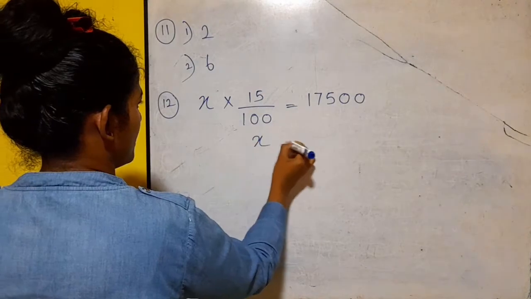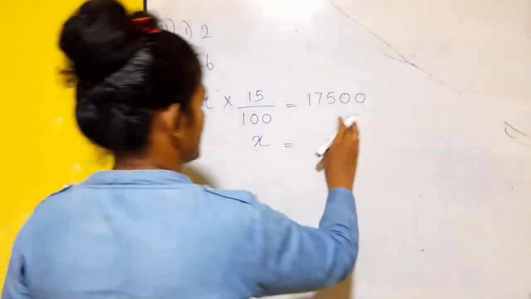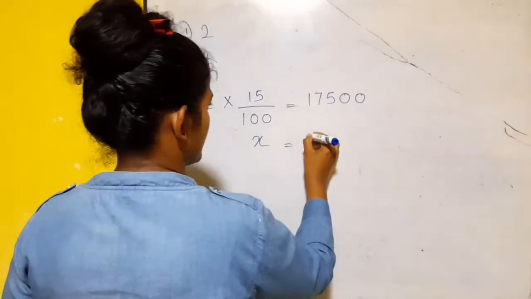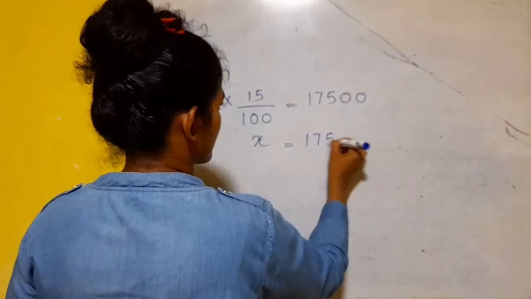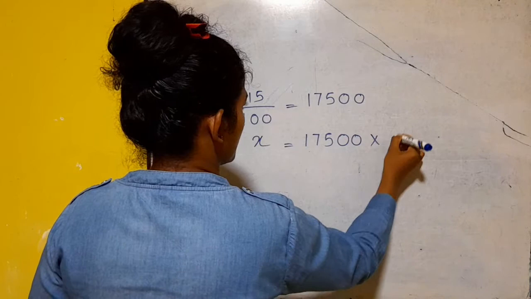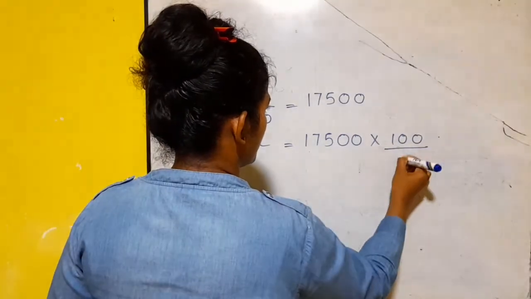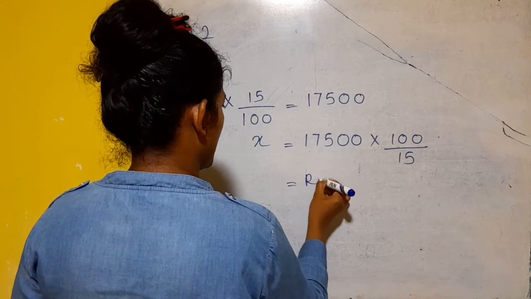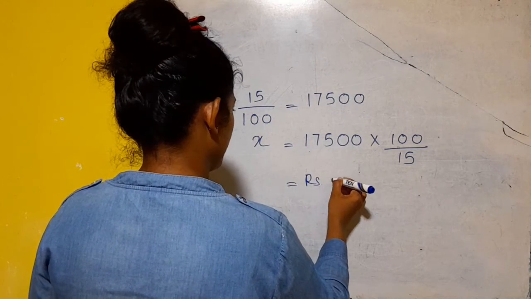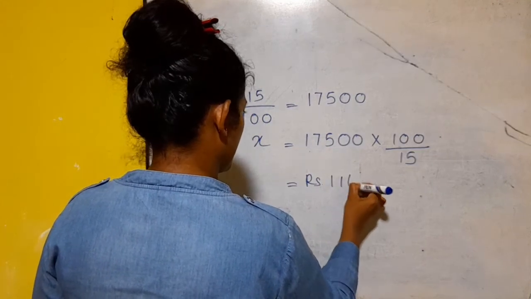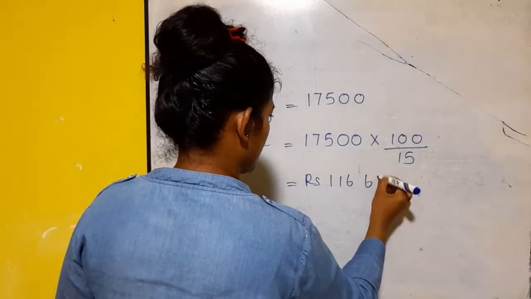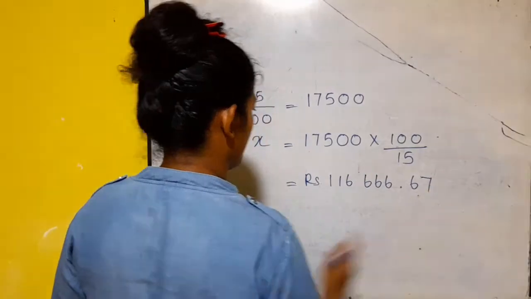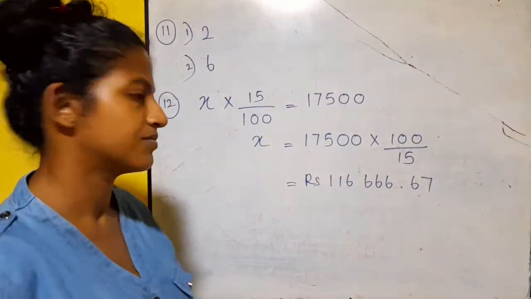So you can find x by multiplying this 17,500 by the reciprocal of this fraction, 100 divided by 15. So you will get the answer as 116,666.67 rupees. This is the answer.